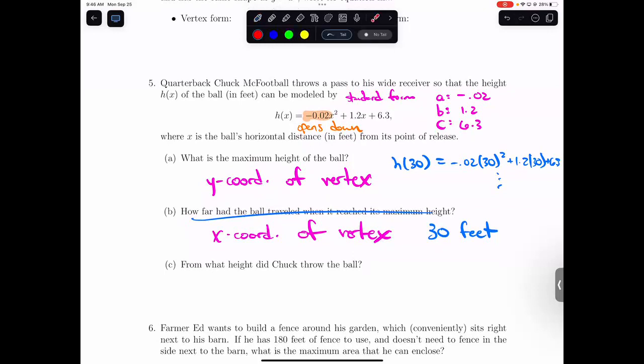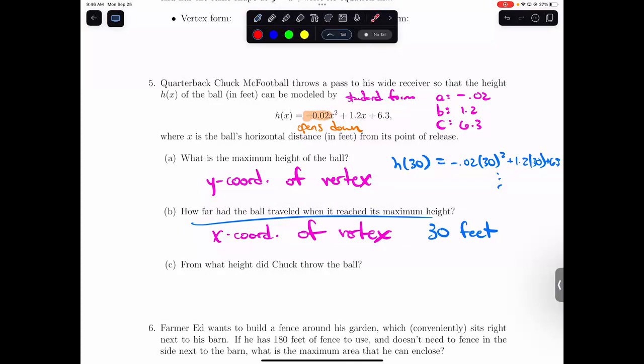Okay, what about part C? From what height did he throw the ball? Where do I need to look to find that? 6.3. Okay, why? Because it's the y-intercept. Why is that the y-intercept?